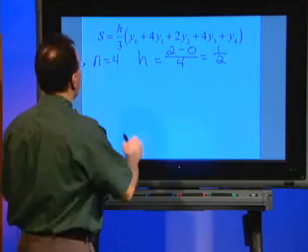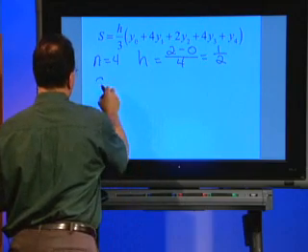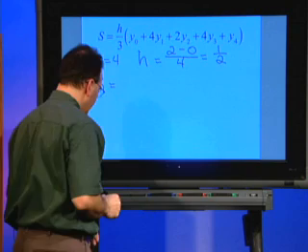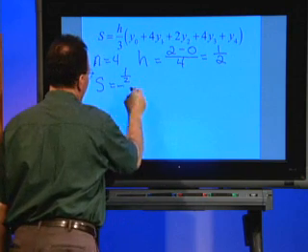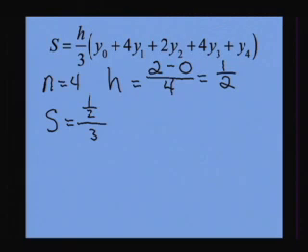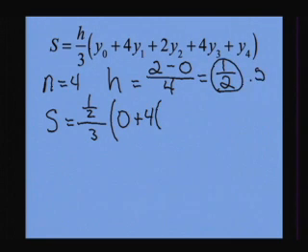So then, in terms of Simpson's rule, S is going to be equal to h, which is 1/2, over 3, times y sub 0. In this case, we start at 0 again, and then we take 4 times, and the step this time is 0.5. So we go up from 0 to 0.5.